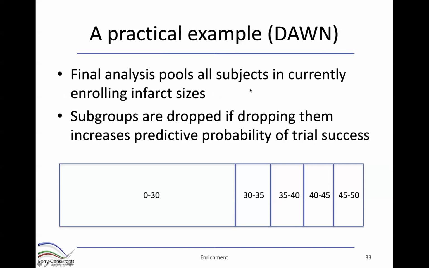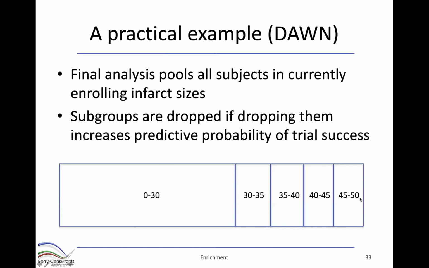Interestingly, DAWN also used a different enrichment criteria than what I showed before. Instead of looking at the effectiveness in each of these subgroups, DAWN looked at something that was related. It looked at whether dropping the subgroups increased the predictive probability of trial success.